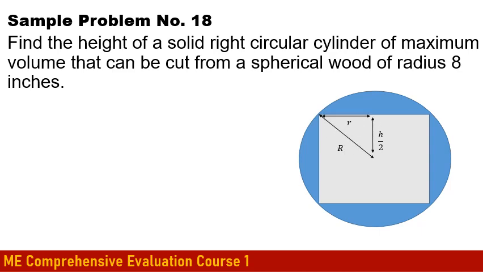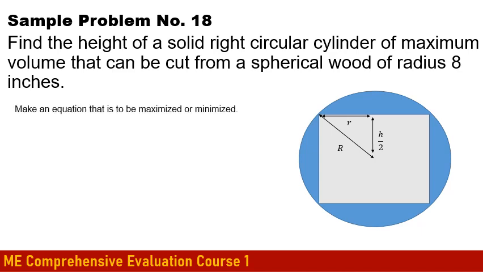We have to obtain that in order to get the relationship between the radius of the sphere, which is the big letter R, the radius of the cylinder, which is small r, and h over 2, which is half the height of the cylinder, which is what we are looking for. So the height of the solid right circular cylinder of maximum volume.